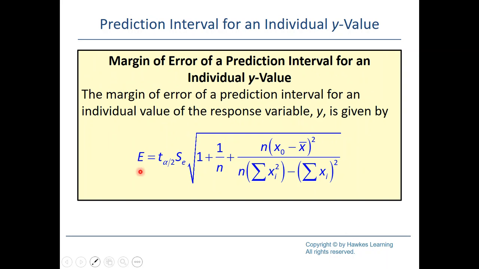E is going to be your t alpha over 2 times your standard error of estimate, so the S sub E there, times the square root of 1 plus 1 over n plus n times (x sub 0 minus x bar) quantity squared, all over n times the sum of the x squareds, the individual x's squared, and then add them all up, minus the sum of all the individual x's, and then that answer squared. And again, that's all underneath the square root. It is a really crazy looking formula, so be aware of this.